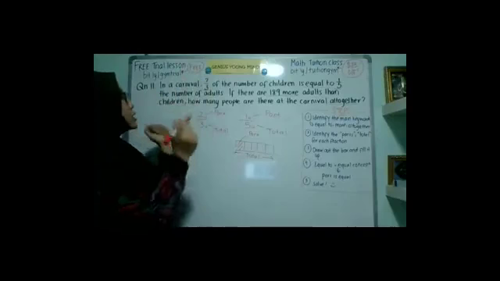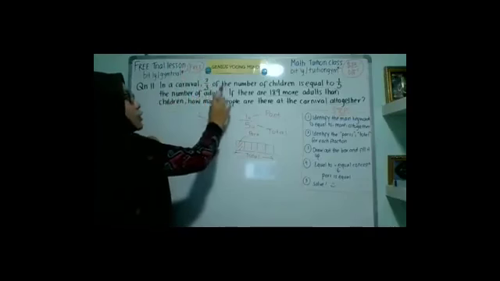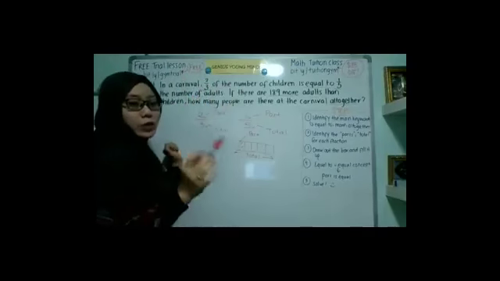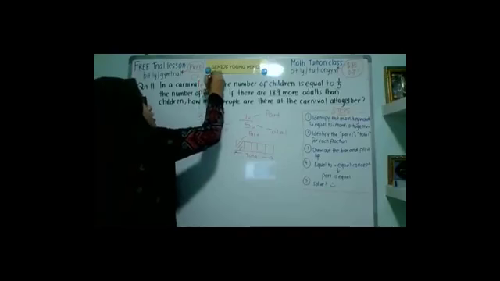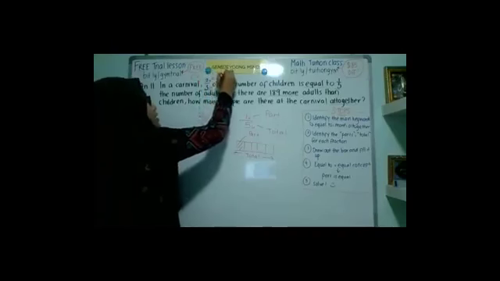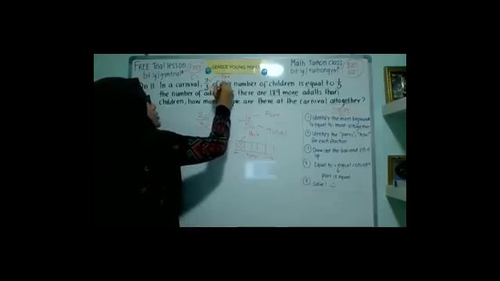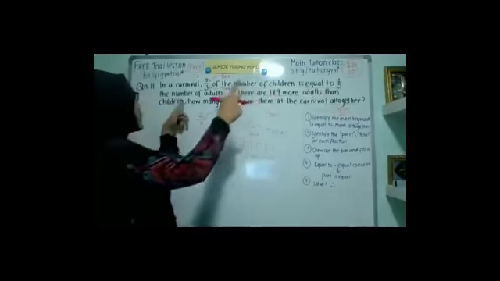Let's go back to the question. 2/3 of the number of children is equal to 1/5 the number of adults. This one is talking about children, so 2 units and 3 units. 2 units is my part, 3 units is my total. It's equal to 1/5 the number of adults.